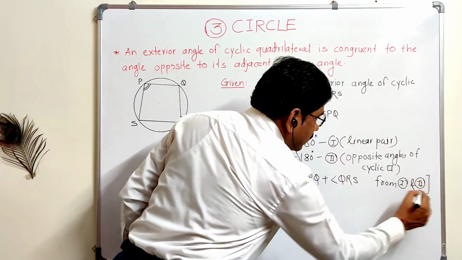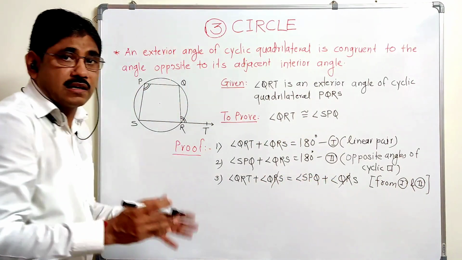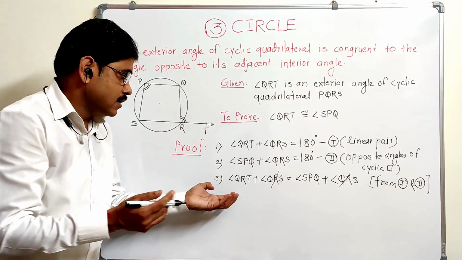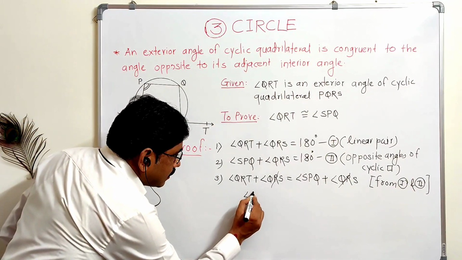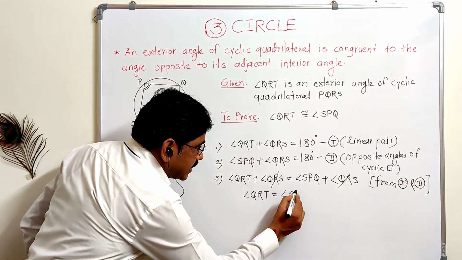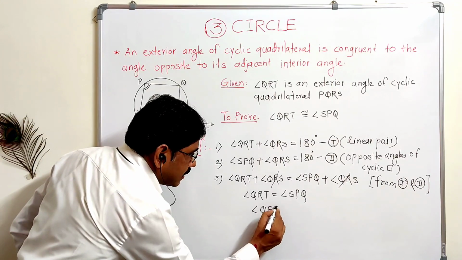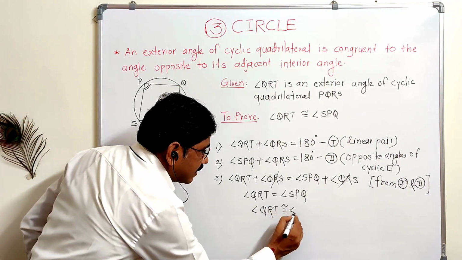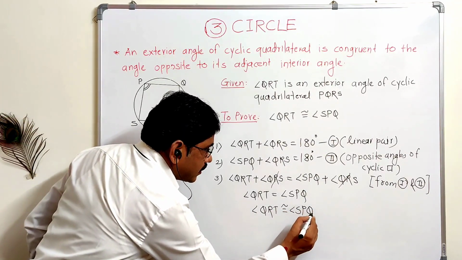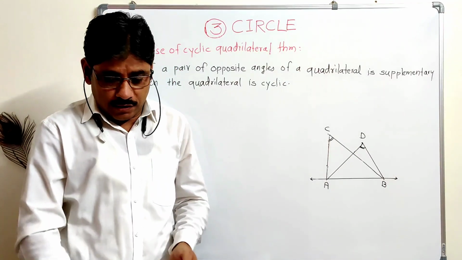Now cancel QRS, equal terms get cancelled from both sides. So we get angle QRT equals angle SPQ. Their measures are equal, which means they are congruent. Angle QRT is congruent to angle SPQ. In this way we can prove this corollary of the cyclic quadrilateral theorem.